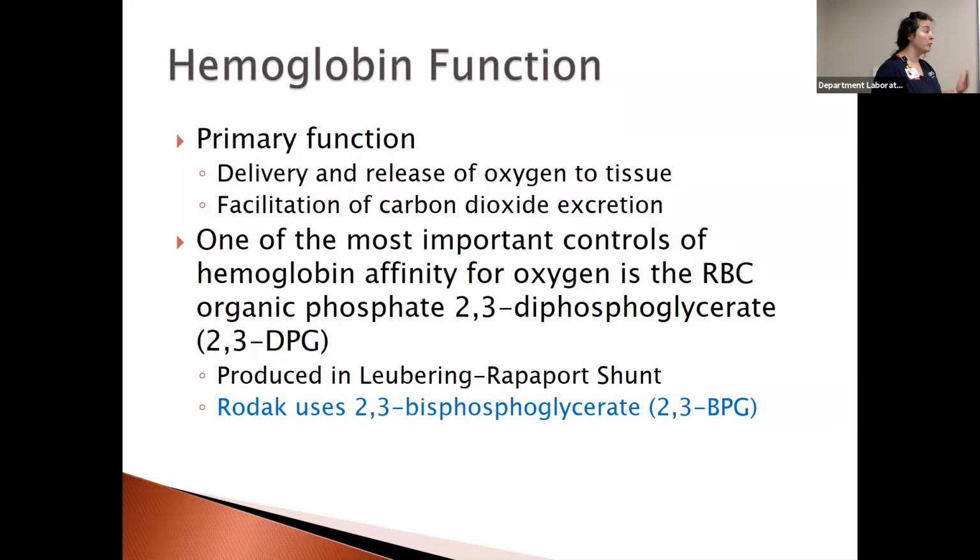Yeah, the Rapoport-Luebering shunt. Okay. So you guys need to know that by Friday. This exam, I would not say this exam is hard. It just covers a lot of foundational material needed for red cell metabolism.